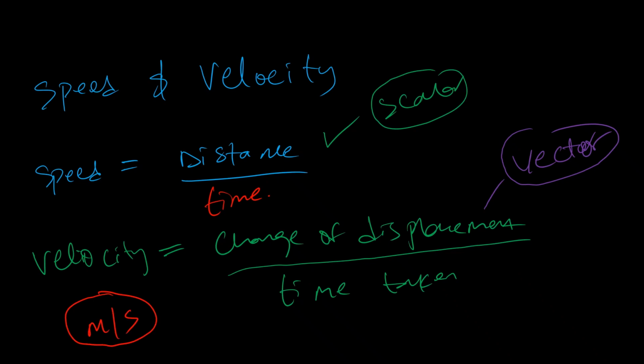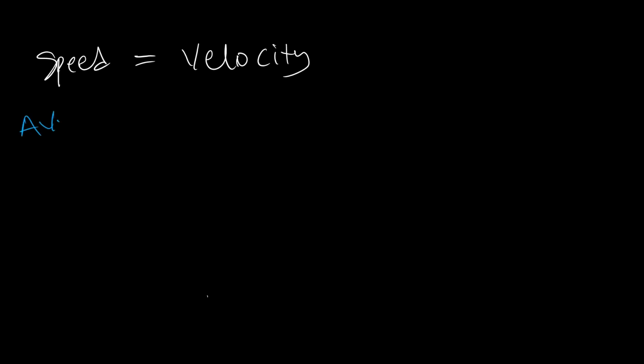Now I'm going to describe the difference between speed and velocity. The speed of a body at a particular instant is equal to its velocity at that particular instant. But that is not the case for average speed and average velocity.